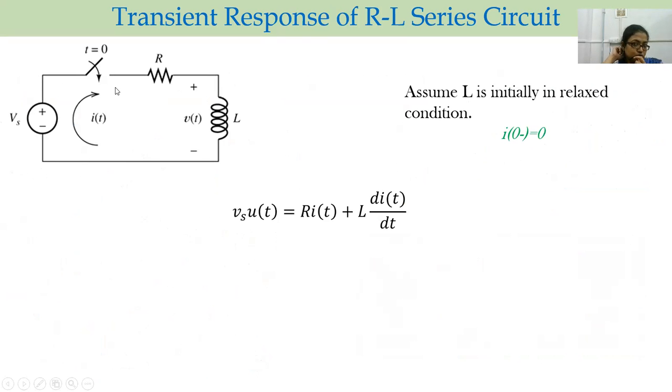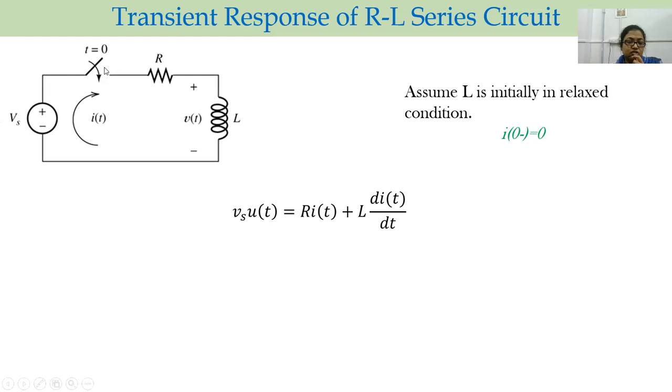As we are using this switch, the u(t) term is there, so we are providing a transient input with amplitude Vs. We assume the inductor is initially in relaxed condition, meaning the inductor does not store any initial current or charge. As we know, an inductor always opposes any sudden change of current flowing through it, so using this property we can see the transient response of the RL series circuit.